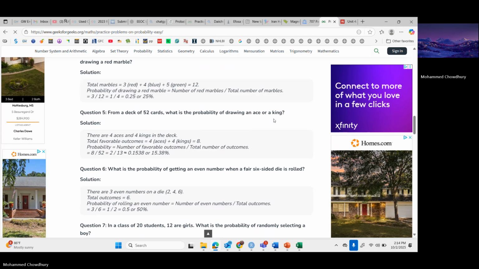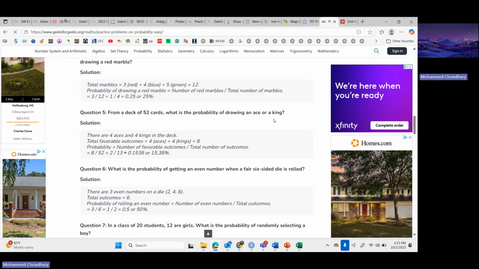So, from a deck of cards, I want to pick a card. What is the probability that the selected card is red? So 26 over 52, right? I want to draw a card. Selected card is an ace. 4 over 52, right?